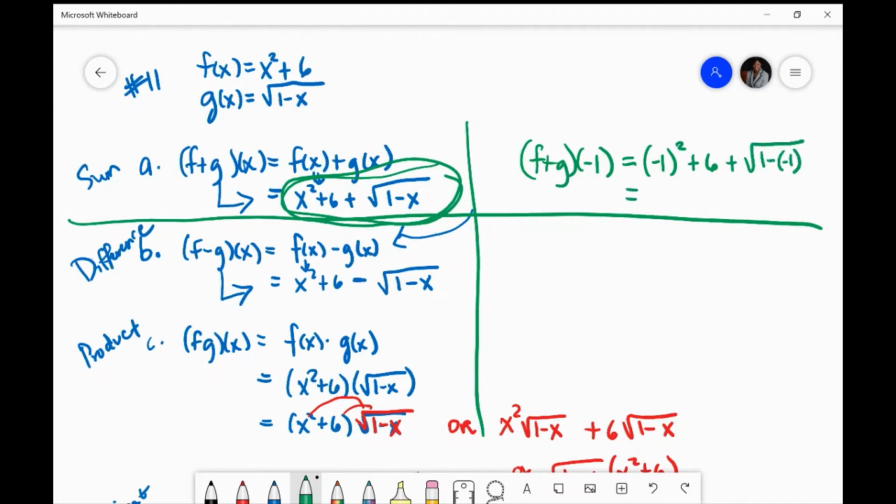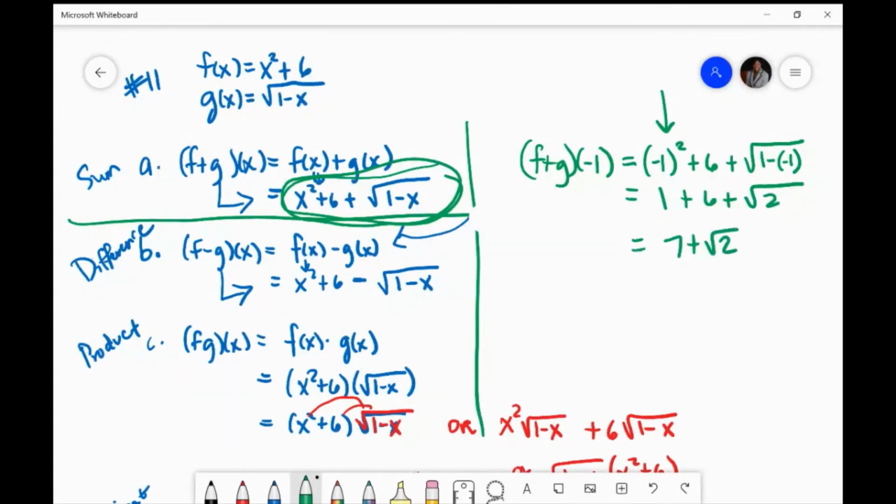What is -1 squared? 1. So 1 plus 6 plus the square root of, what is 1 minus a -1? 2. So that's 7 plus radical 2. Can't do anything else to that.